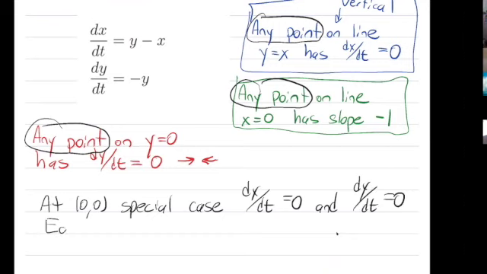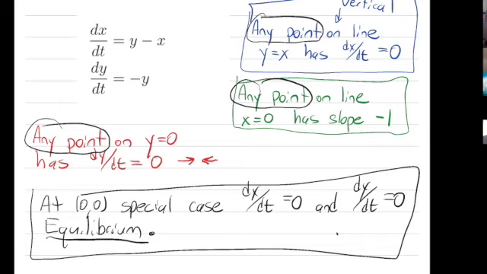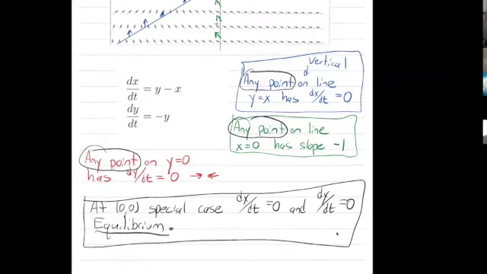And last time we talked about when both of those are equal to 0, we call that an equilibrium. Okay, any questions?